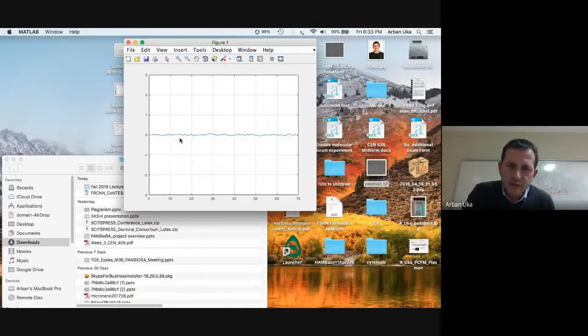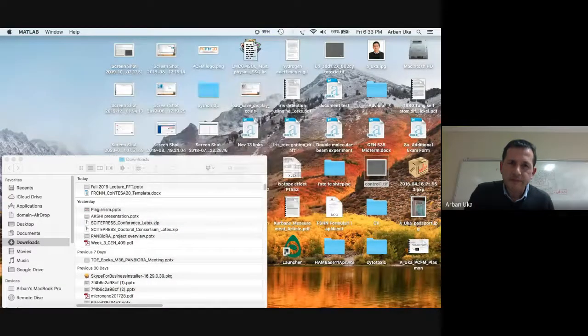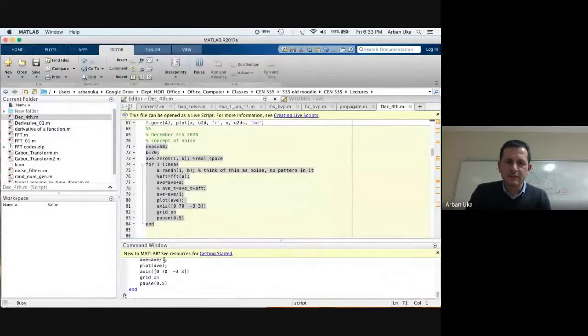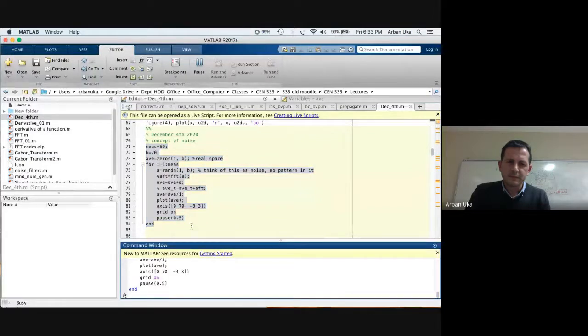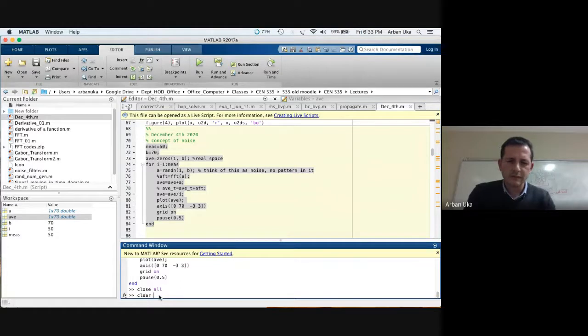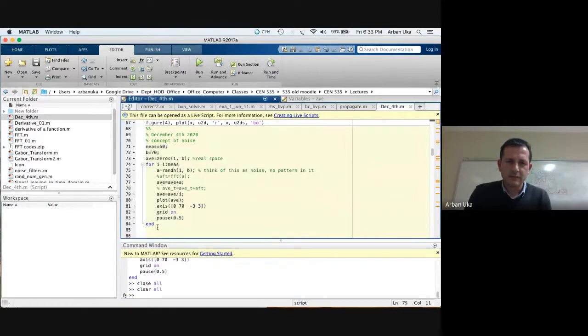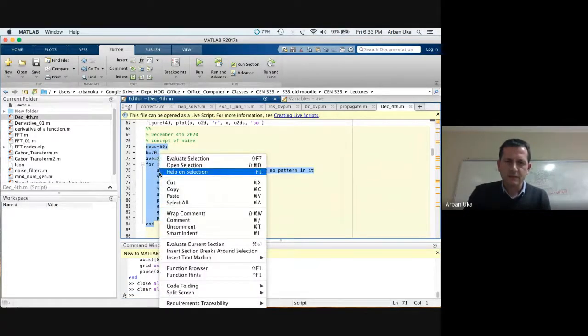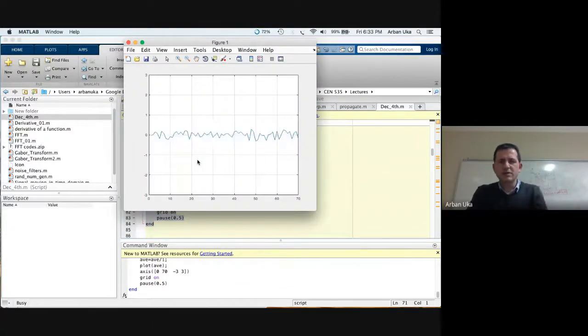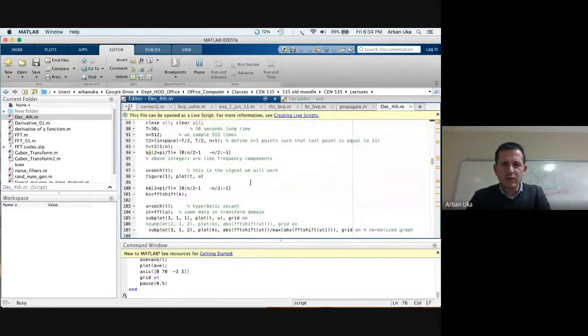Finally, okay, so it looks like we start with this huge signal, but by averaging out, this is how we start and remove the noise.